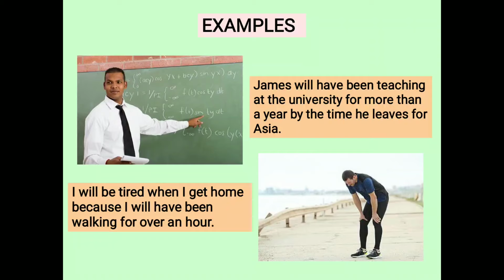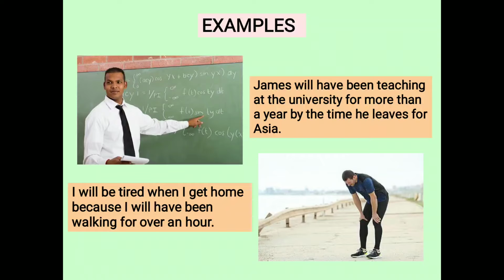And second one, I will be tired when I get home because I will have been walking for over an hour. So it also suggests the second use. That is, it will be almost an hour, over an hour by the time I get tired.